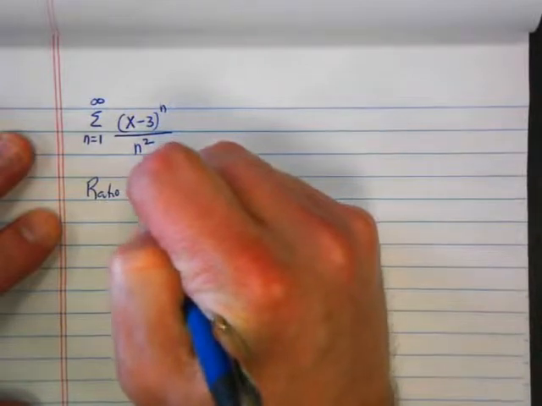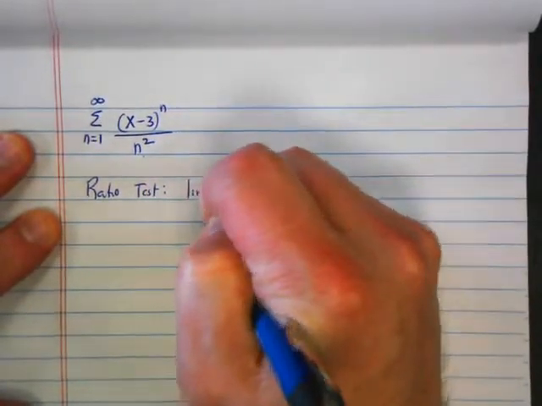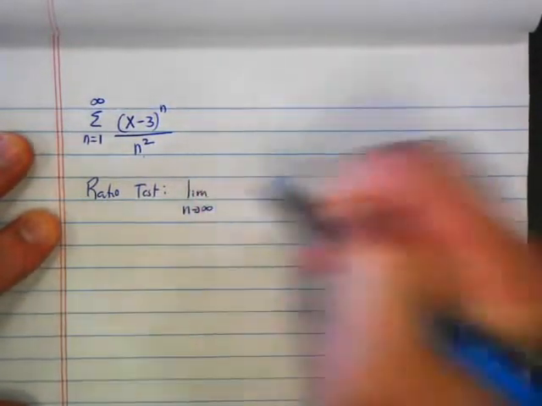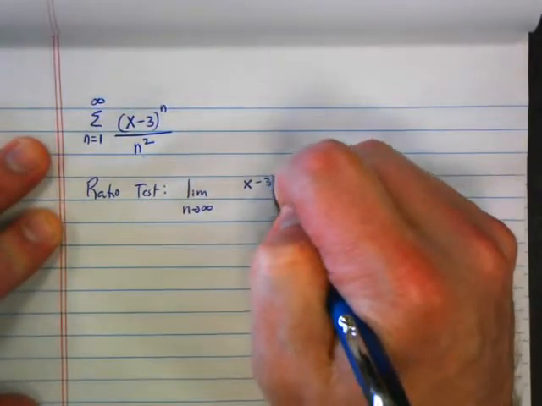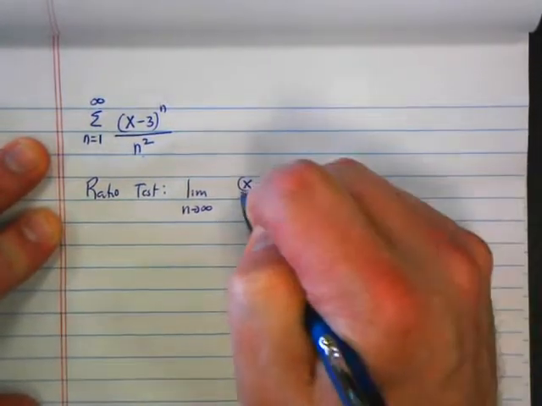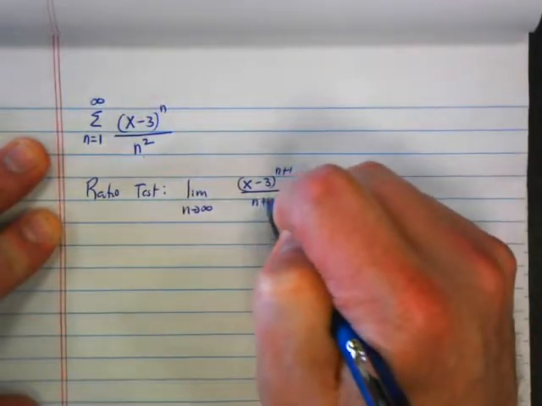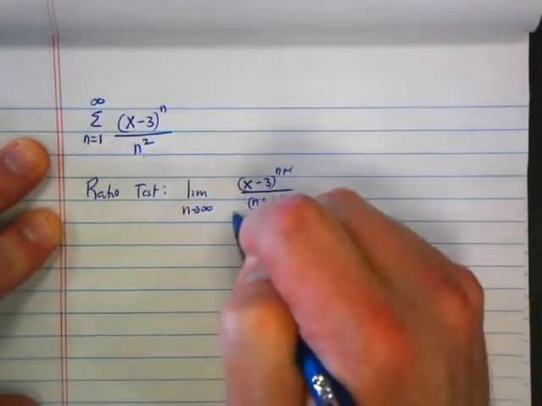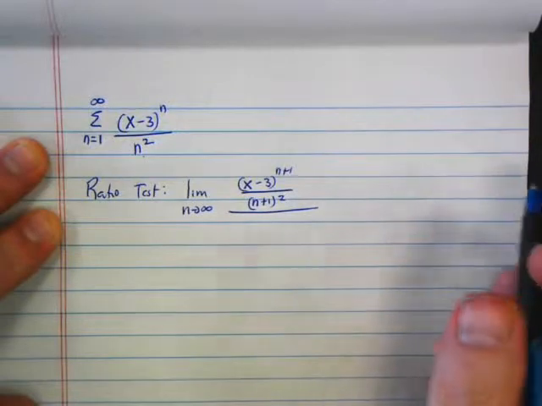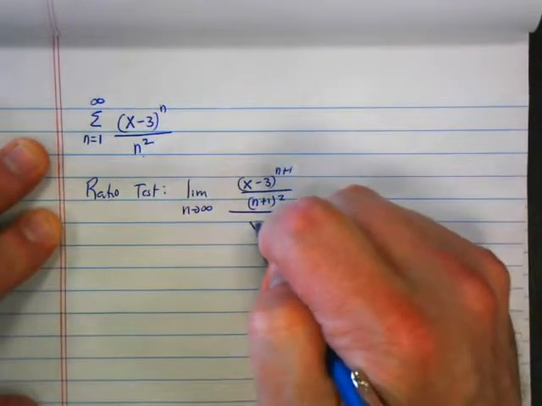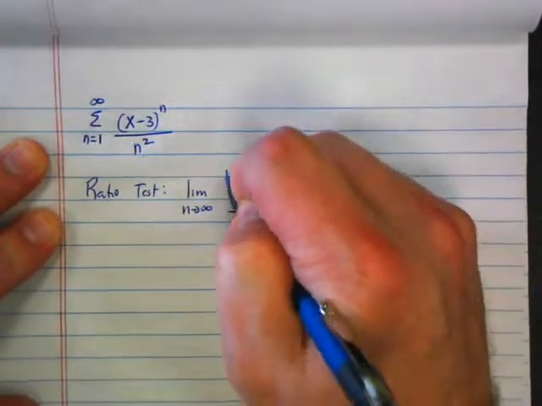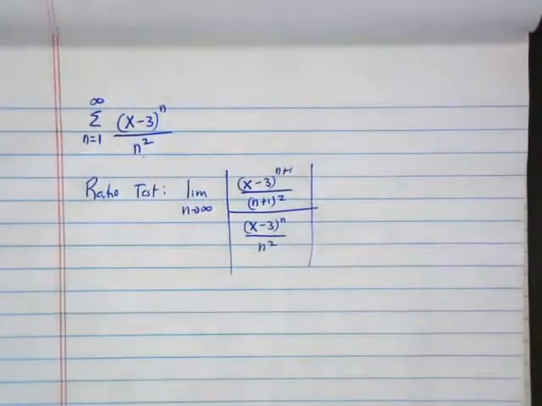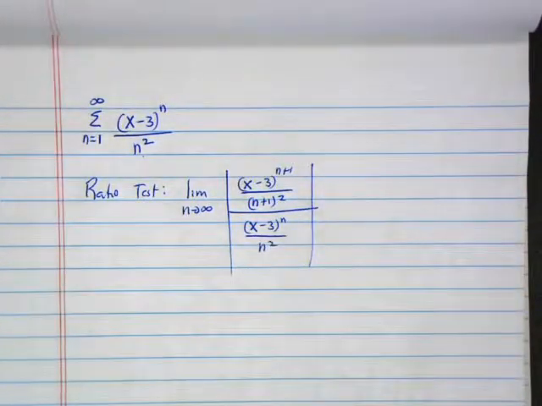Ratio test. Limit as n goes to infinity. I'm going to have x minus 3 to the n plus 1 divided by n plus 1 squared, divided by x minus 3 to the n over n squared. a sub n plus 1 divided by a sub n.